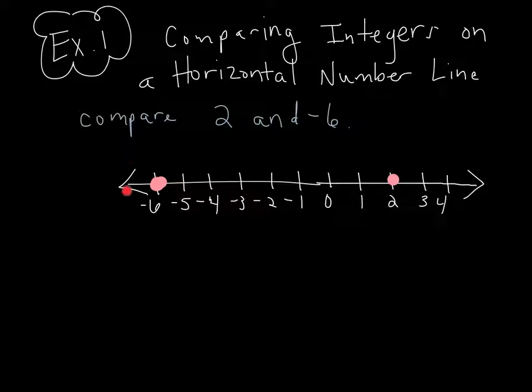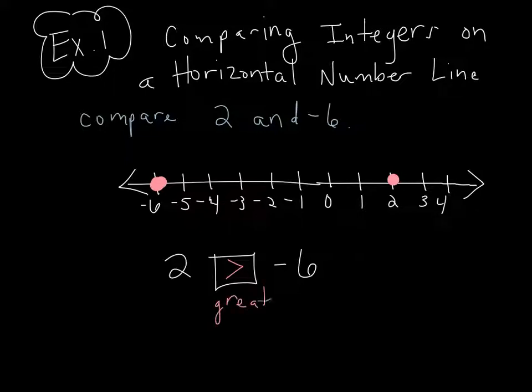In this case, since -6 is to the left, then we can say that it is less than 2, but we do have to compare it in the order they gave us. So you want to picture it in that order, 2 compared to -6. Since -6 is the least one, then that must mean that 2 is the bigger of the numbers. So we write 2 is greater than -6.